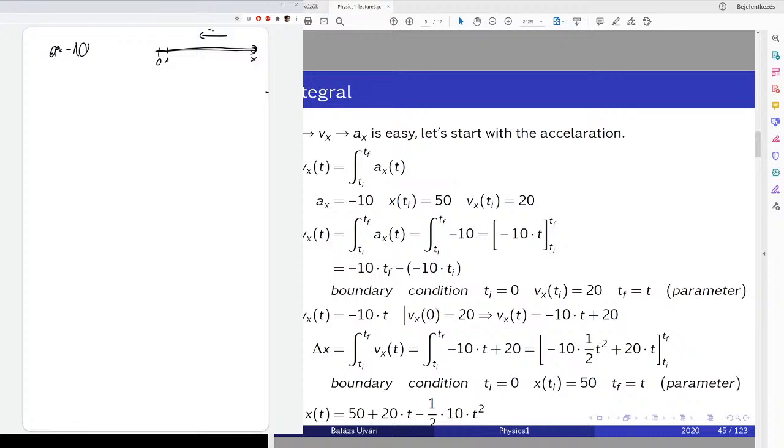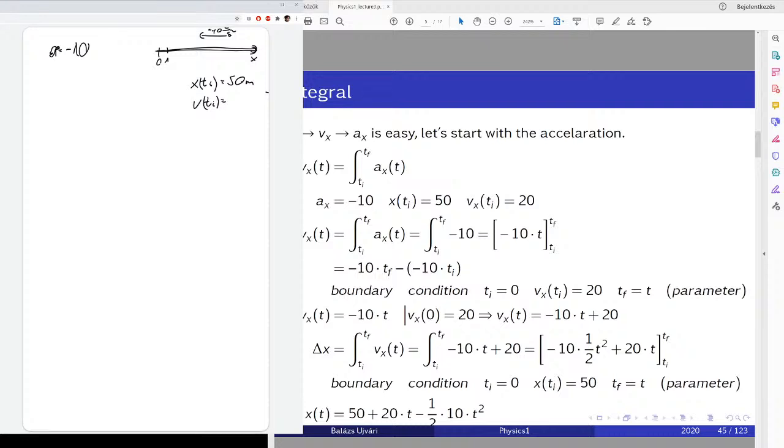Of course, the unit of the acceleration is meters per second squared and not meters. So how can we find out where my body is? What do I need for that? I have to add the initial conditions. For example, at initial time we are at 50 meters, and my initial speed is 20.